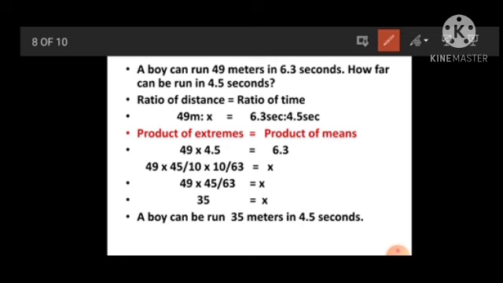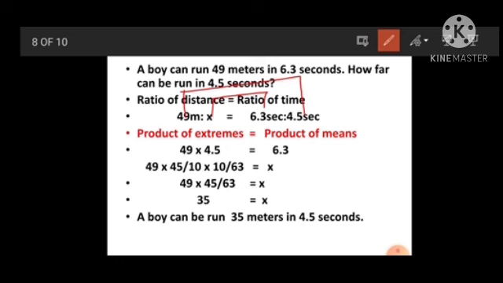Ratio of distance is equal to ratio of time. 49 meters is to x equal to 6.3 seconds is to 4.5 seconds. Now we write the formula. Product of extremes is equal to product of means. Product of extremes, first and fourth term, 49 multiplied by 4.5, equal to product of means, second and third term, 6.3x.